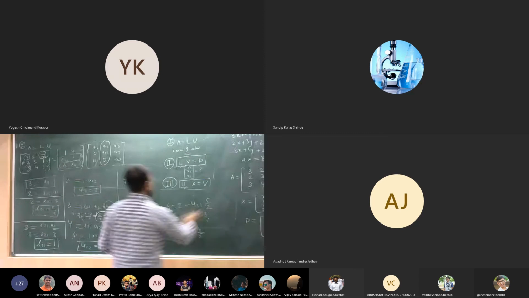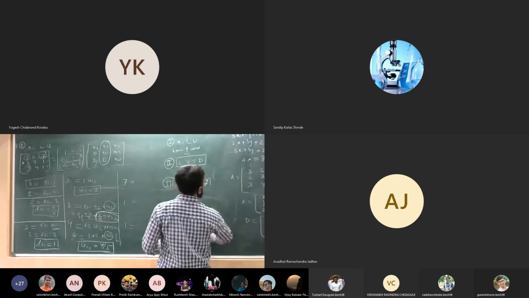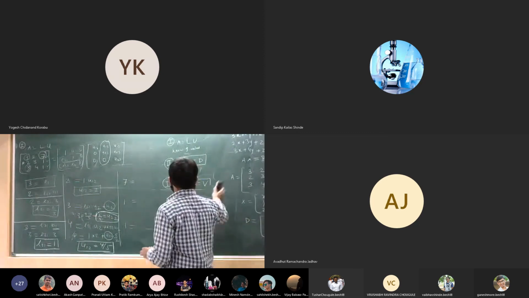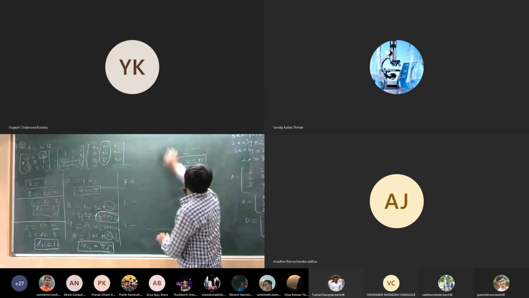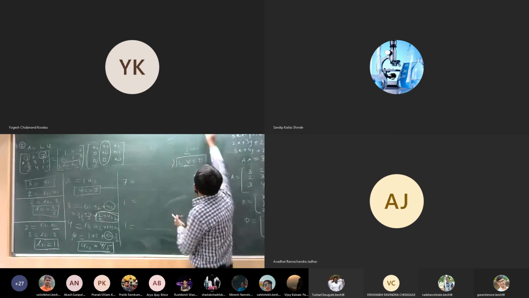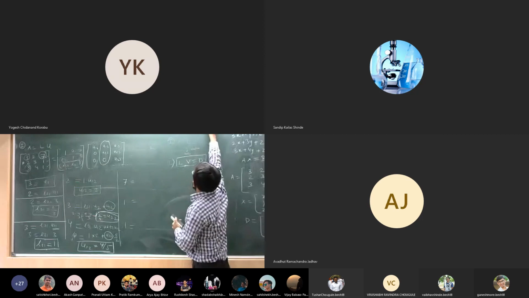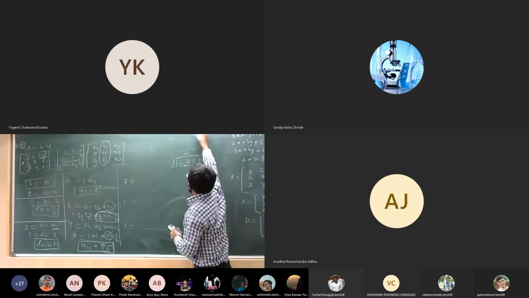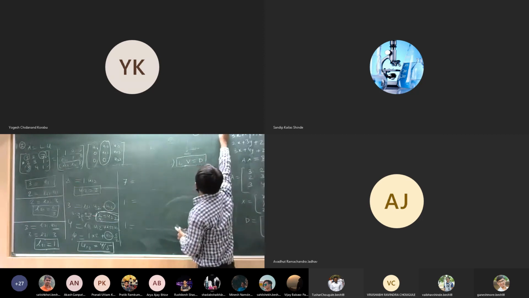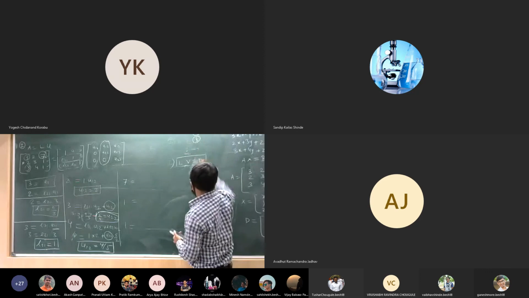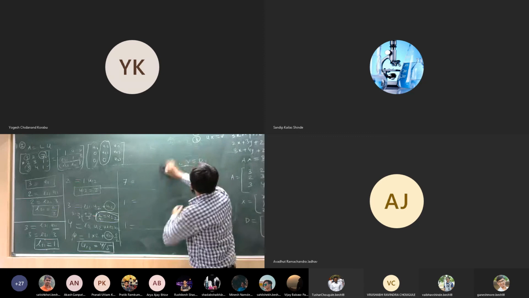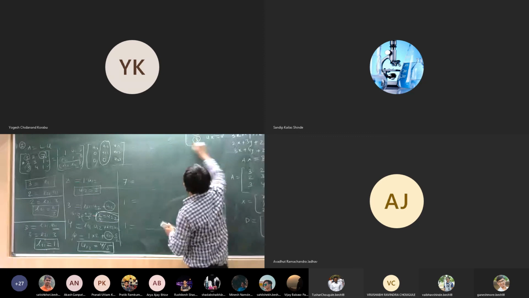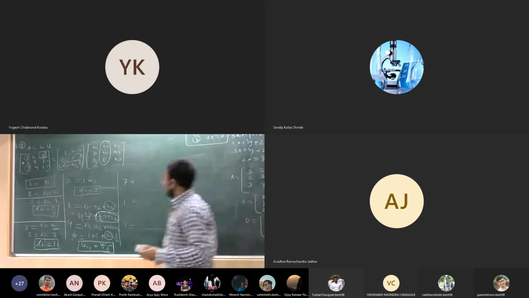Now we have to move further. I will write this straight at the top so that you can understand better. The second step is L into B is equal to B. The third step is that we require Ux is equal to B. So ultimately, these three steps are required.